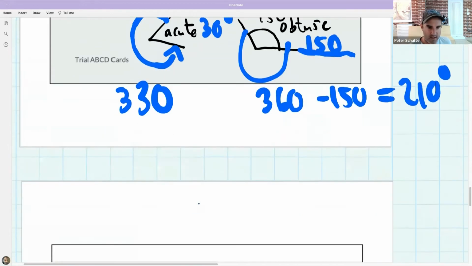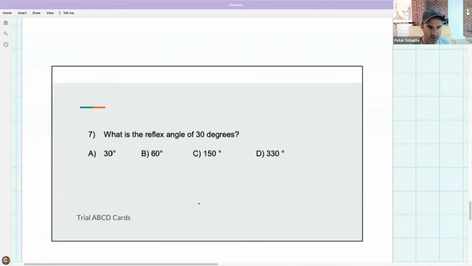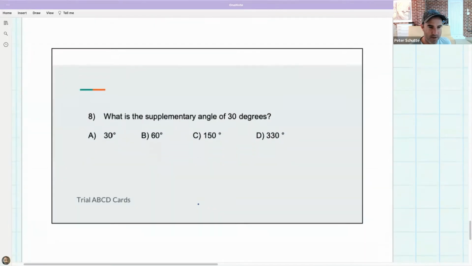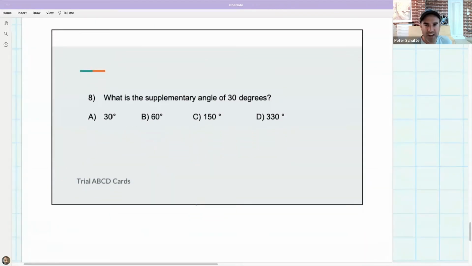Okay, and then I think this is our last. I've already done this one, so that's okay. Let's do number 8. More vocabulary. What is the supplementary angle of 30 degrees? Show me. What do you get? Is it A, B, C, or D?